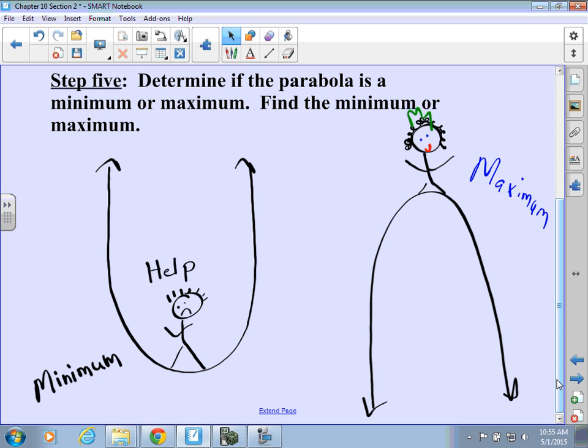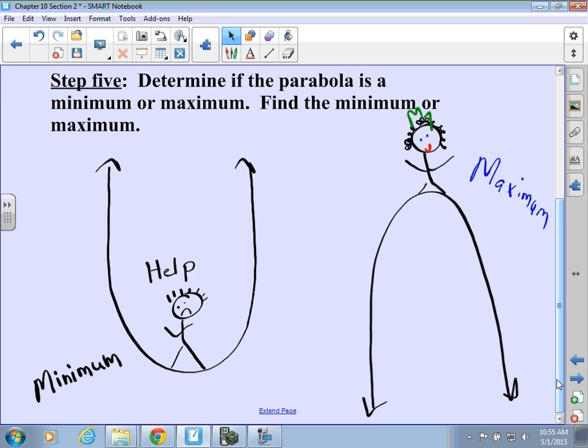Okay, now it's a minimum because it opens up. Now, do you remember how the axis of symmetry was x equals? The minimum or the maximum will always be a y equals, and it will be the y of the vertex.